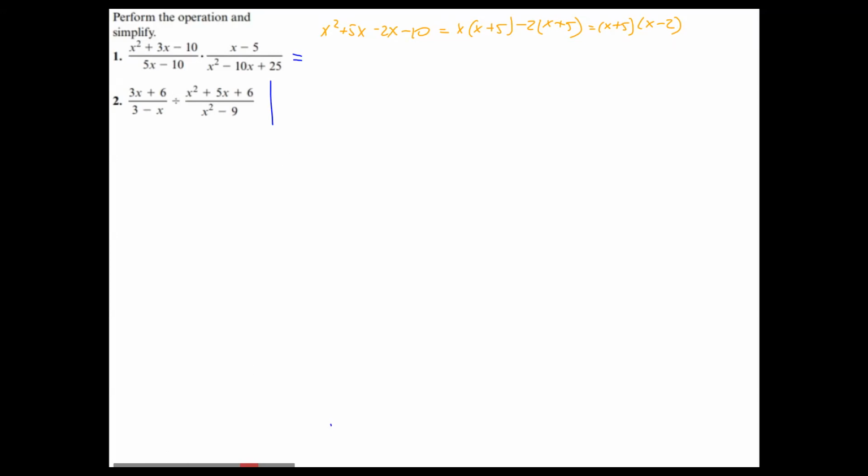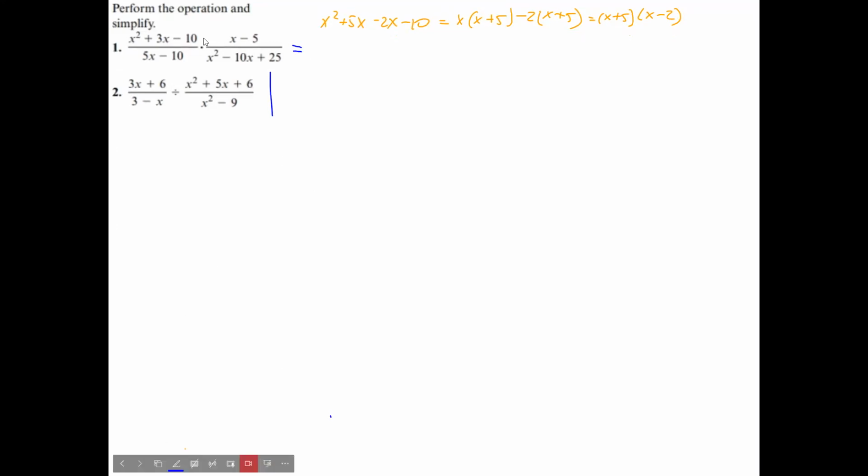So I can change that fraction to (x plus 5)(x minus 2) over 5 outside, (x minus 2), times (x minus 5). And here is what? (x minus 5) squared. Right?